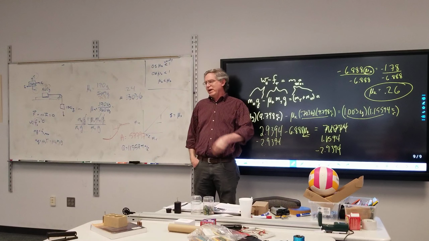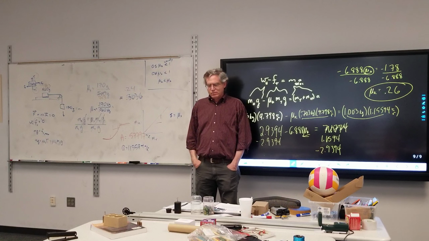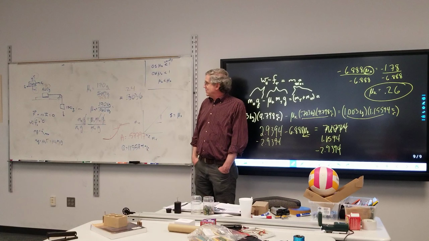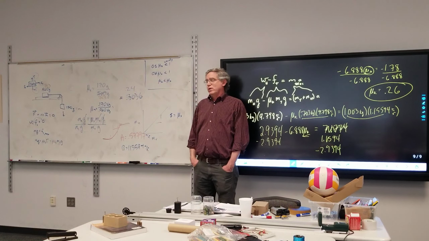Then you get into the idea of error bars, which is beyond the scope of this class, but science never gives straight up numbers. It's always plus or minus something. All right. Questions?